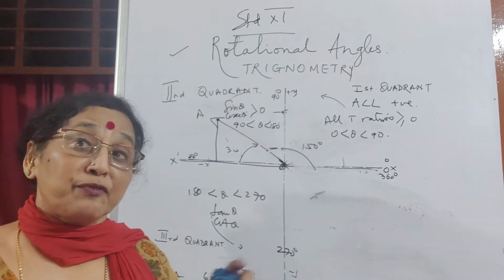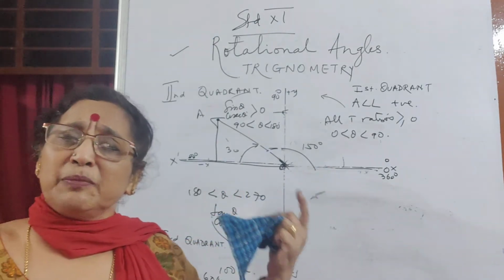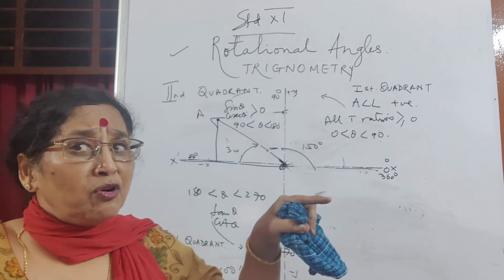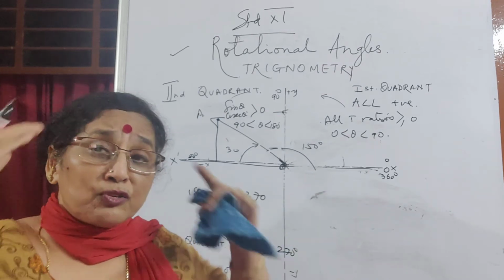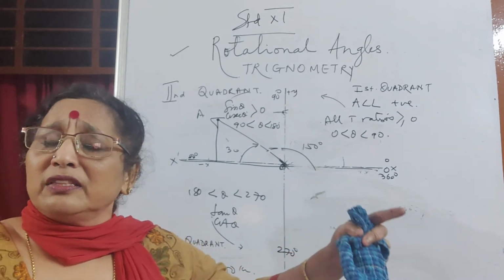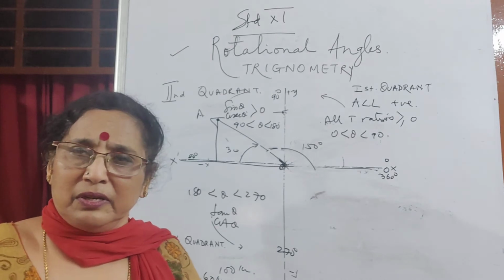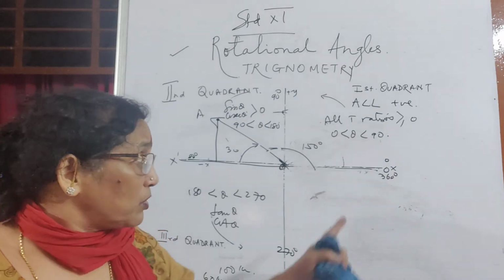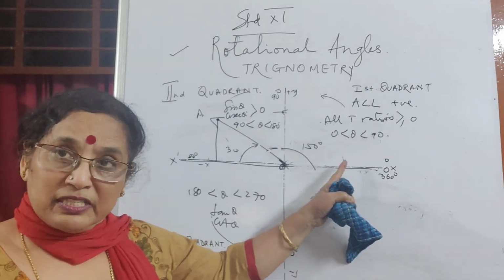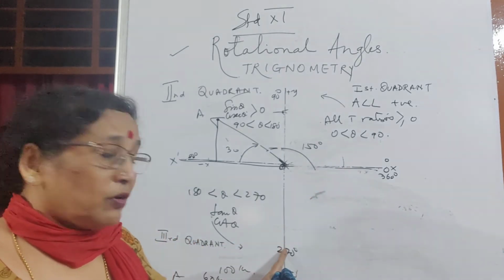Avoid 270 and 90 if you have to break it up. I'll tell you why. If an angle is in the fourth quadrant, you immediately know it's more than 270 and less than 360. If I say 330 degrees, you know it is the fourth quadrant. You don't have to think where it is. So 330 can be written as, what are the boundary lines? This is 360 and this is 270.